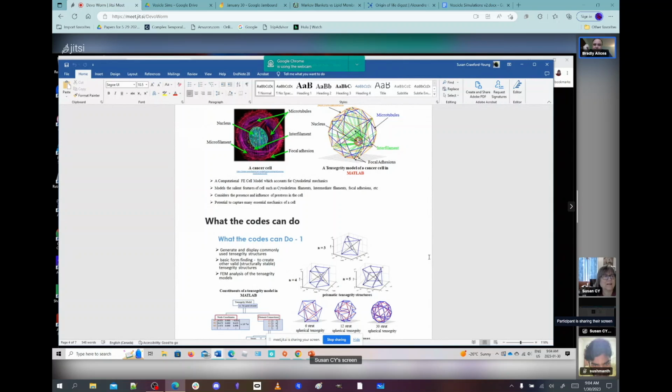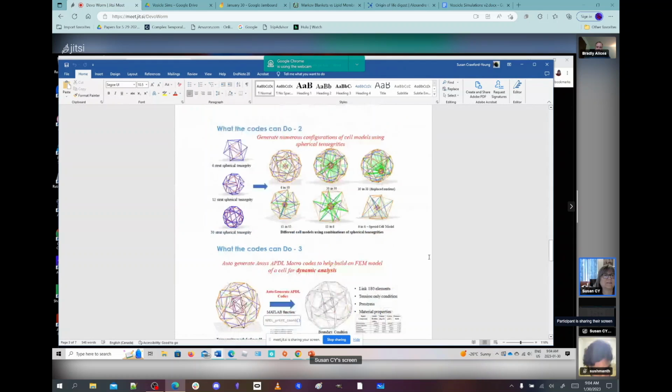So they're finite element models, and it can do just tensegrity structures, and then it can do form finding, and then finite element analysis. So this is pretty good. I should try this or show this as an alternative to what I'm doing.